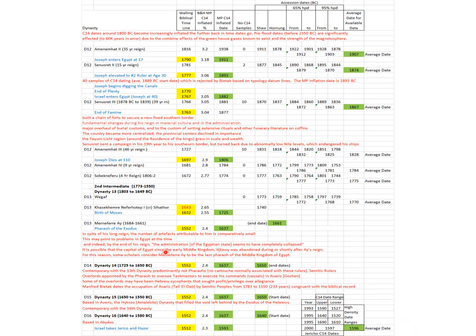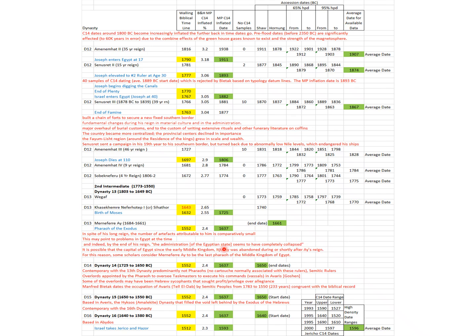So if you're going to kill the firstborn sons of Egypt, you're going to devastate the administration of Egypt. Okay, so let me read it again. Indeed, by the end of his reign, the administration of the Egyptian state seems to have completely collapsed. This was the end of the 12th dynasty, and this was the end of the Middle Kingdom.